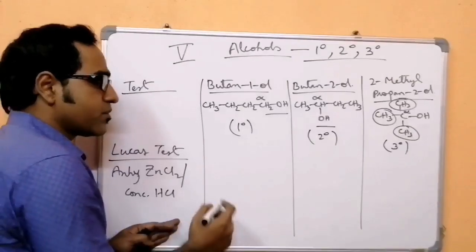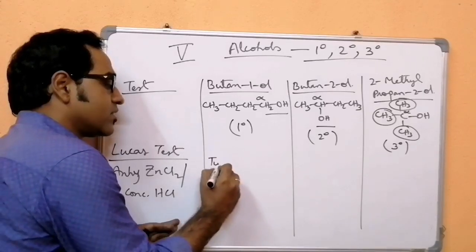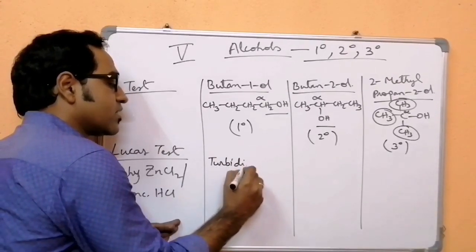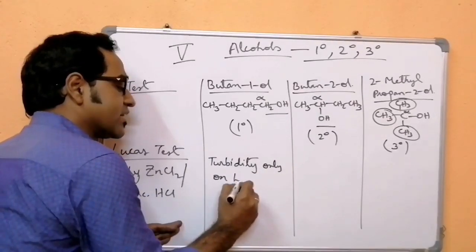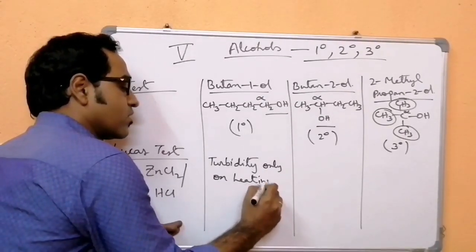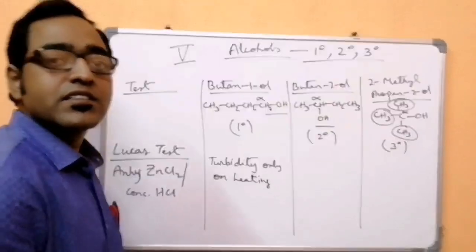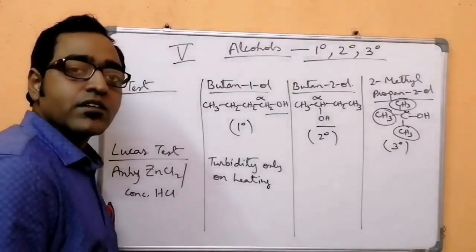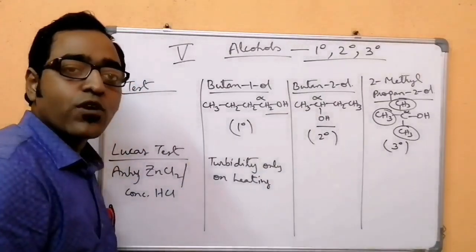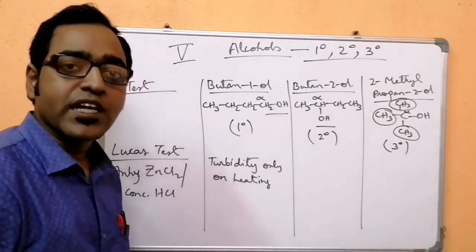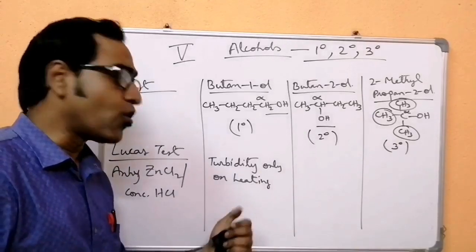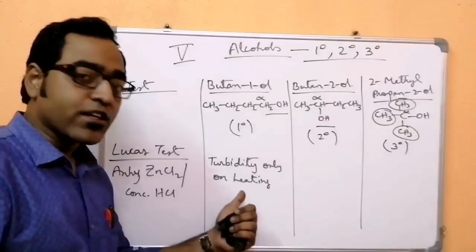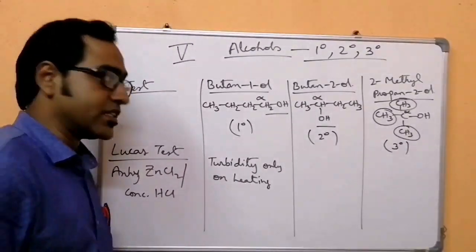So what you will observe here, turbidity only on heating. Often the question arises in JEE Mains or NEET, which of these 3 alcohols will not give turbidity at room temperature, and that is 1 degree alcohol. It gives turbidity only upon heating. At room temperature it never gives turbidity.